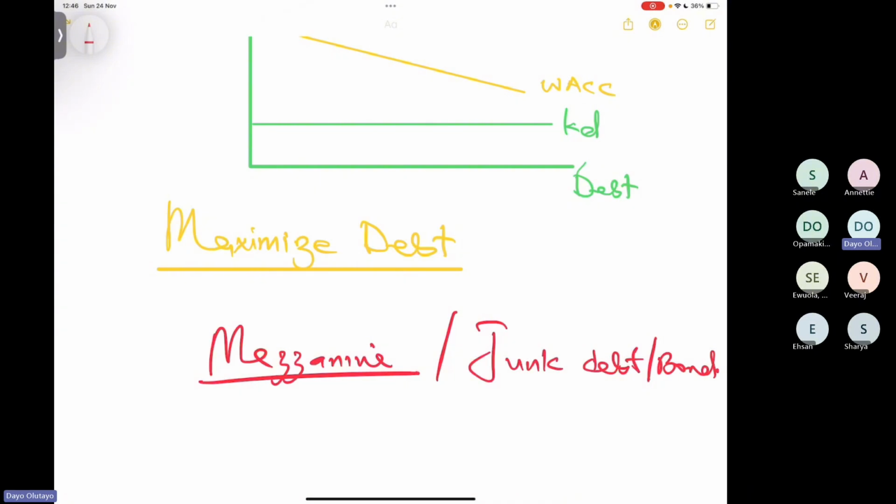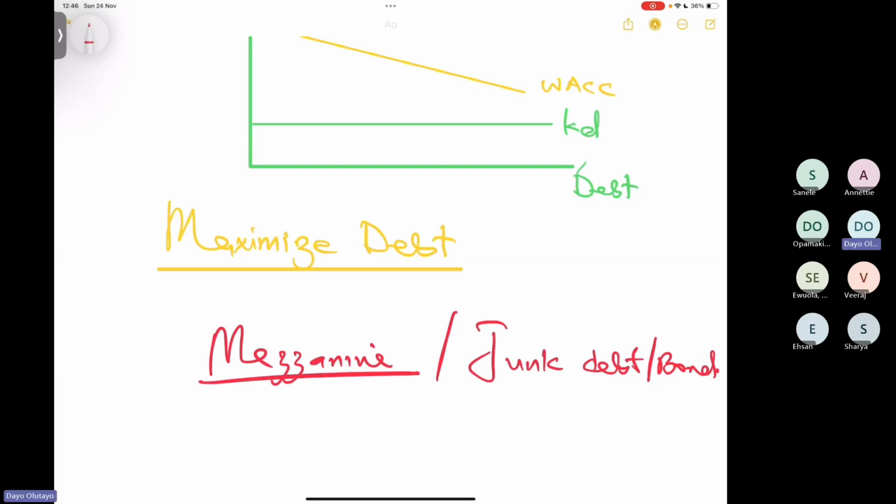And that is why equity holders are always unhappy seeing companies growing debt, because every time your debt increases as a company, you are reducing the chances of the equity holders being able to get back their capital, because they are not guaranteed, because the company does not have an obligation to pay them.